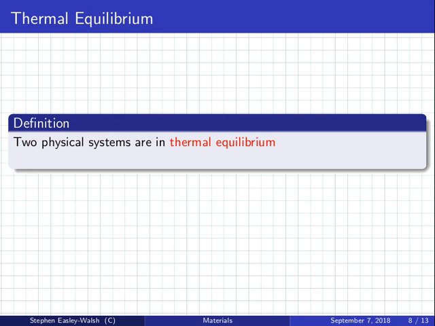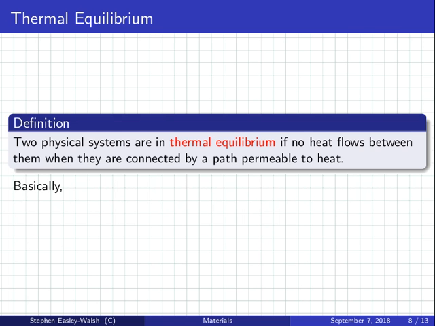Okay, definition. Two systems are in thermal equilibrium if there's no heat flow between them. So, my left hand and my right hand, they're in thermal equilibrium because when I put my hands together, there's no heat that moves between them.